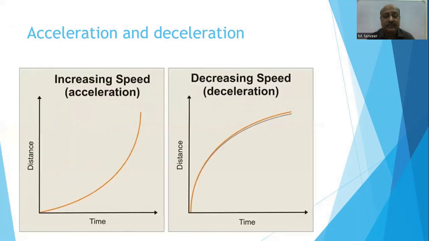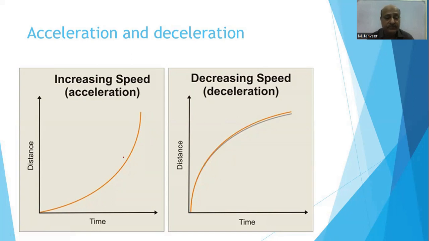This is the comparison. When speed is increasing, then the shape of the distance time graph will be in upward direction. When you draw the gradient, then this curve will be in upward direction. Similarly, when speed is decreasing, then the shape of the distance time graph will be this. That means the curve is down the tangent.